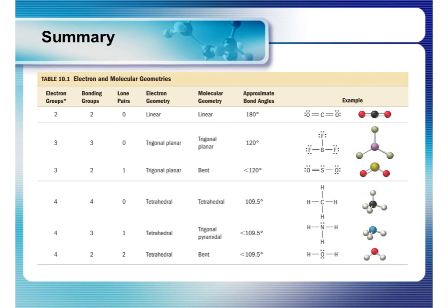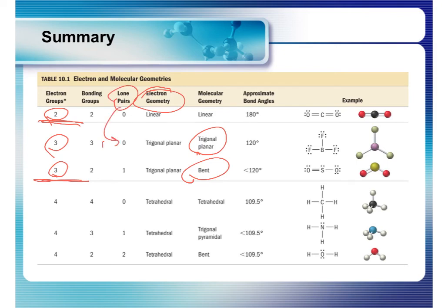I love the next couple slides. They're just a summary of all the possible electron geometry shapes depending on how many electron domains you have around a central atom. And then within each electron domain shape, it's also broken down into the molecular geometry depending on how many lone pairs you have.